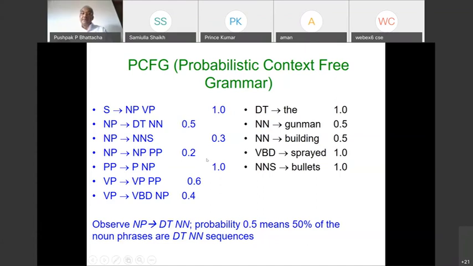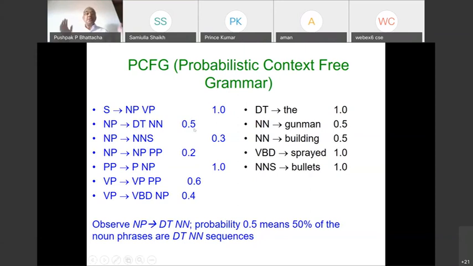And you apply some simple counts, take the ratio of counts, and you arrive at this probability. But see the claim. I'm not saying that a noun phrase in the treebank corpus 50% of the time consists of determiner and noun, like the sky, a boy, an elephant. I'm not saying that it happens 50% of the time in the treebank corpus. My claim is much more.